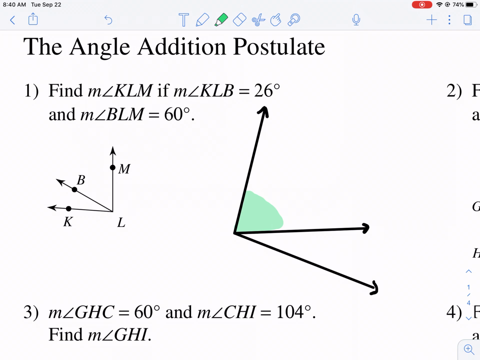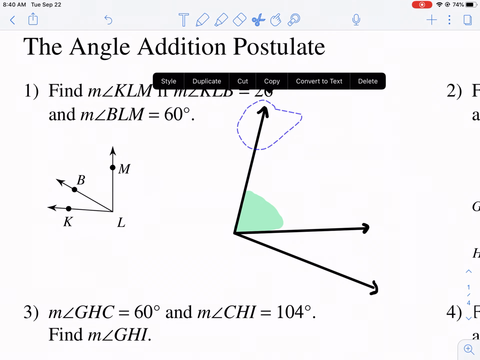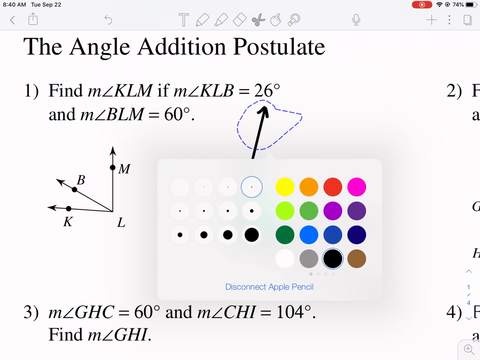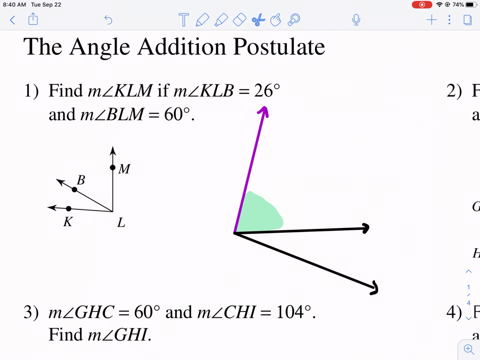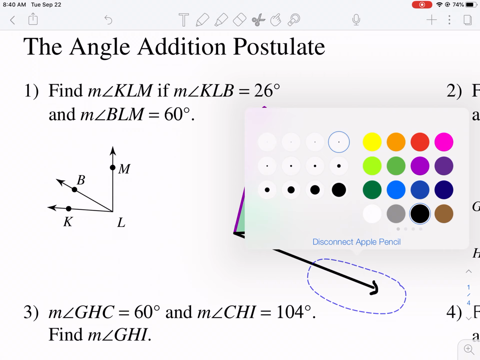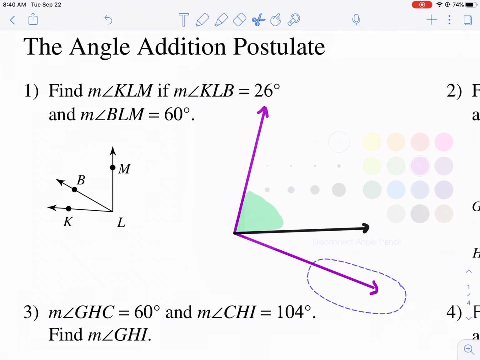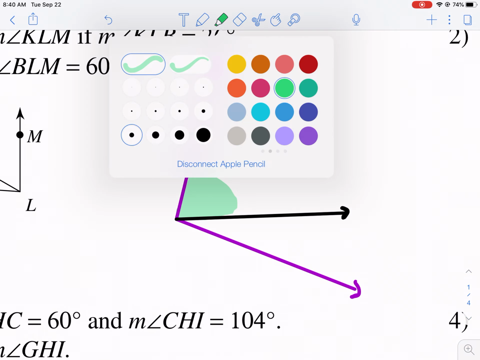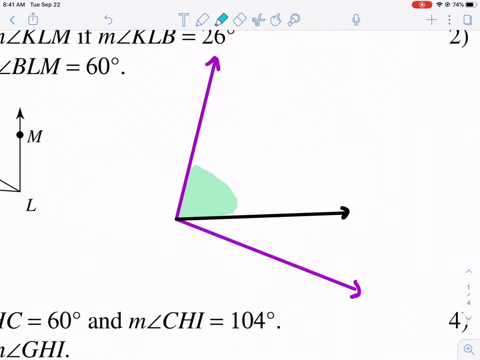Let's take a big angle. Let me change the color of this one. Let's make it purple. So the big one is going to be purple. We have this big purple angle, and we can split it up into two smaller angles: this blue one and this green one.